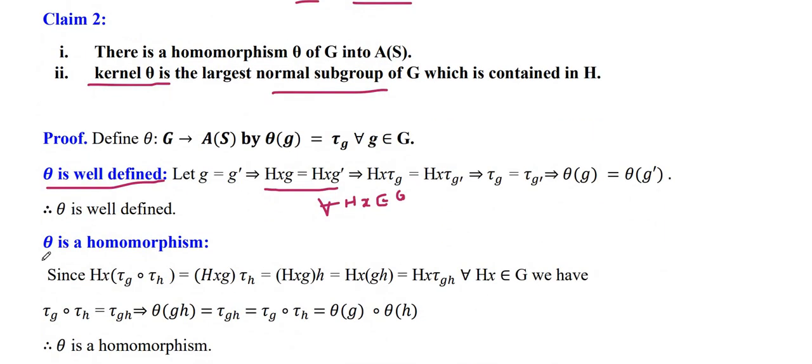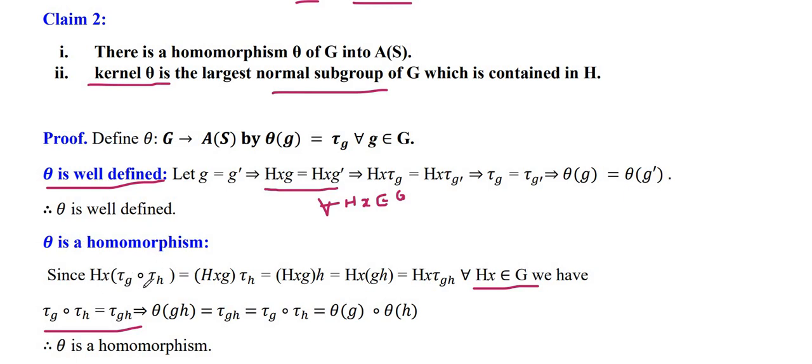Next we prove theta to be a homomorphism. For that, as we did in the previous case, we will establish tau g composition tau h as tau gh. To establish that, we will prove that the images are equal. For every Hx in G, we consider Hx tau g composition tau h.